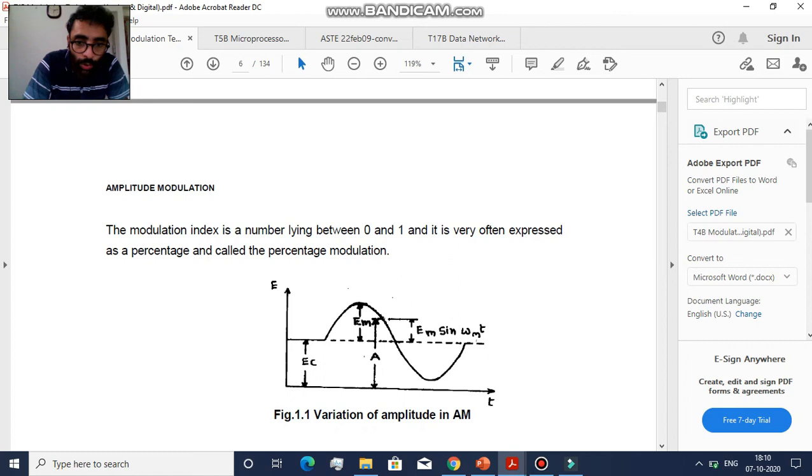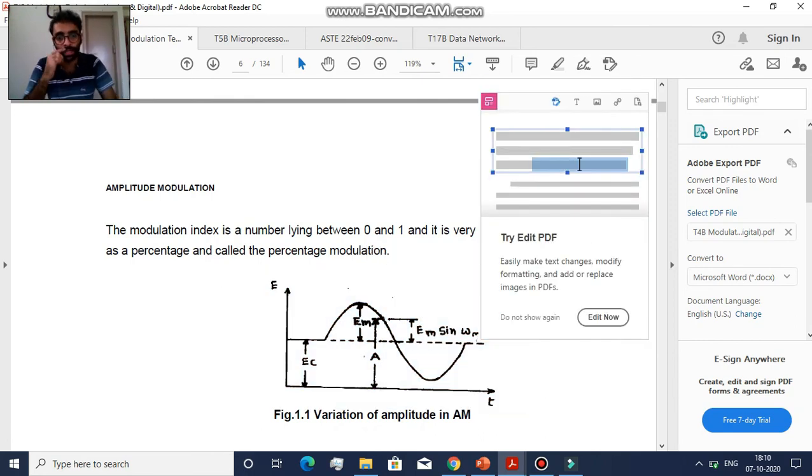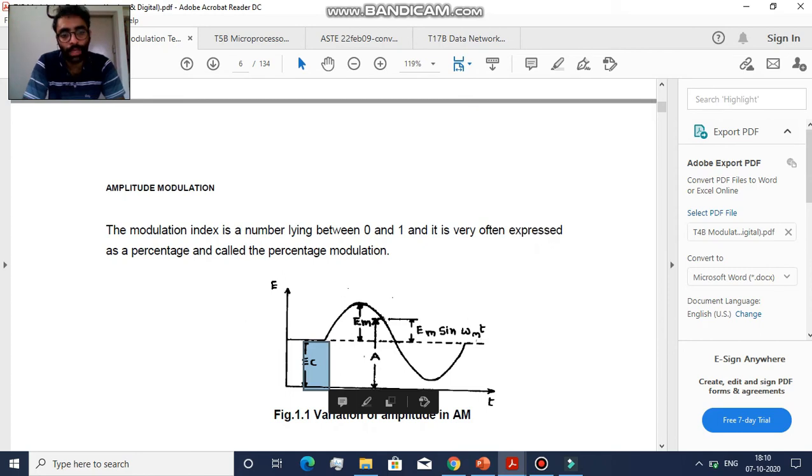The amplitude of this carrier wave is changing in accordance with the amplitude of the modulating signal, as you can see very well here. The lowest amplitude starts from capital EC itself, and then slowly it goes on increasing as the amplitude of the modulating signal increases.